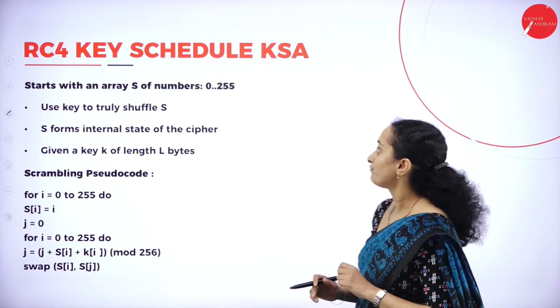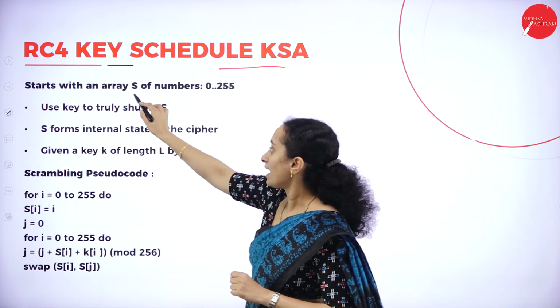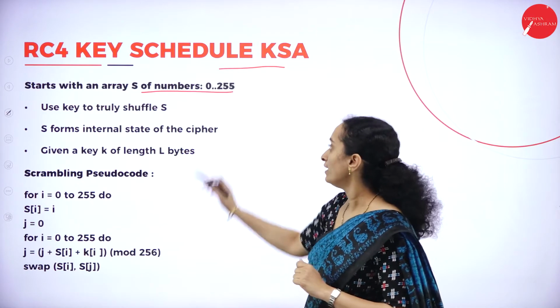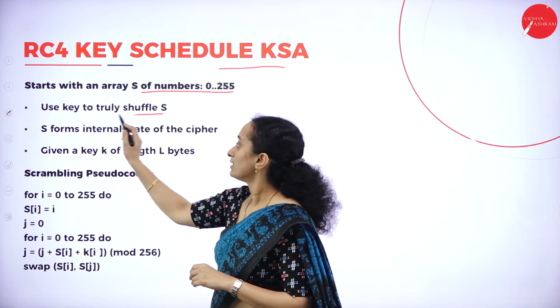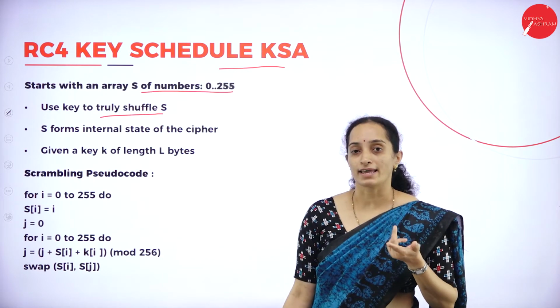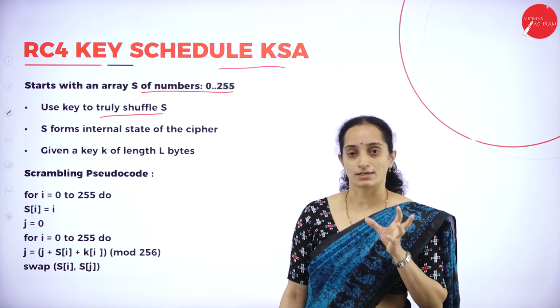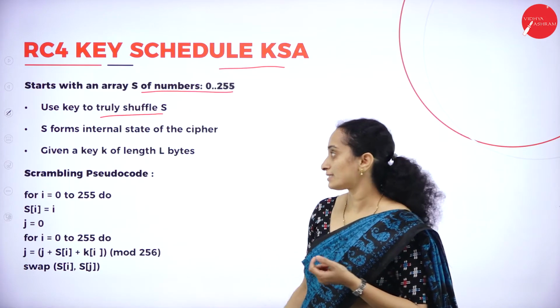Okay, the RC4 key scheduling algorithm will be like this. It starts with an array S. So the array S will be taken from 0 to 255. Then use the key to shuffle the S. So the S set of text or set of bits will be shuffled in the next step.